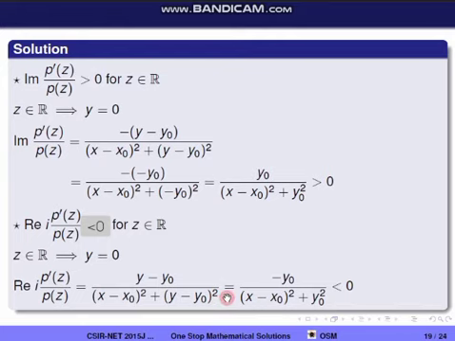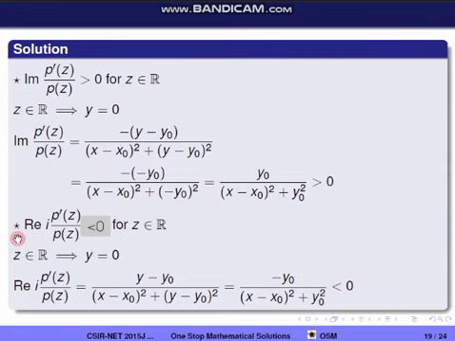So that is equal to, substituting Y equal to 0, minus Y naught by X minus X naught whole square plus Y naught square. We have Y naught to be positive, so minus Y naught will be negative, and the denominator is made of positive quantities. Totally we are getting a negative quantity. So this is less than 0.